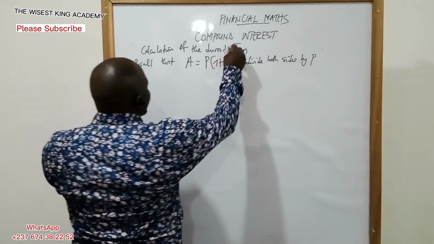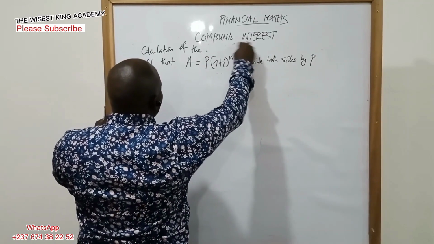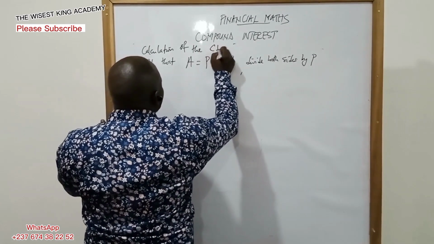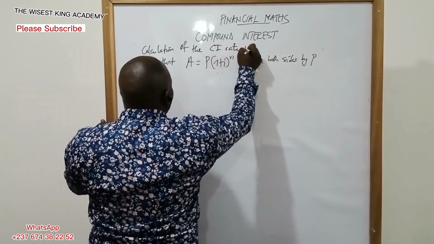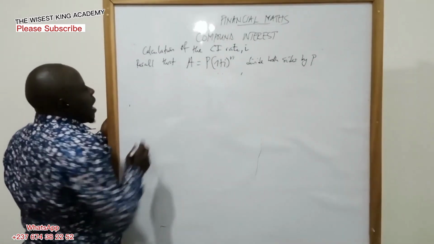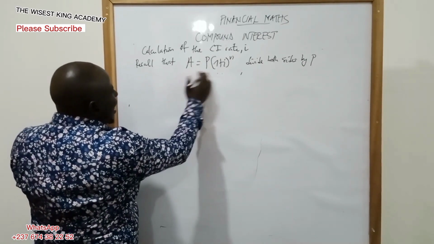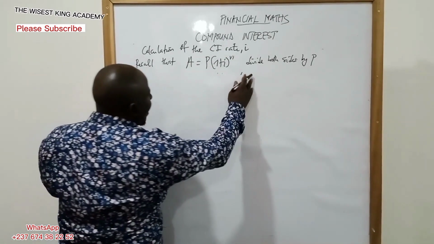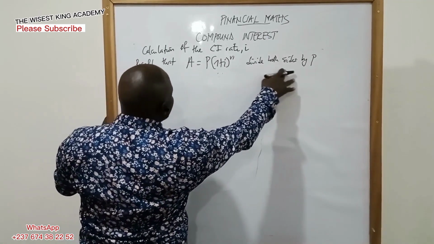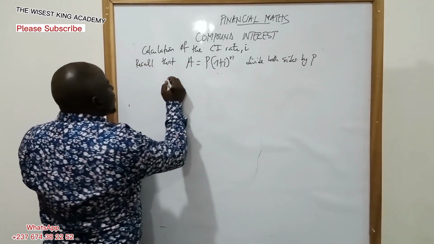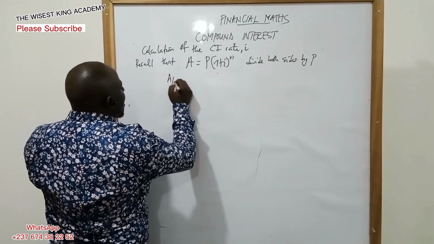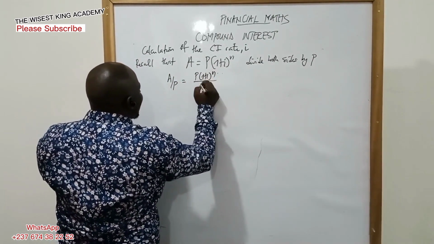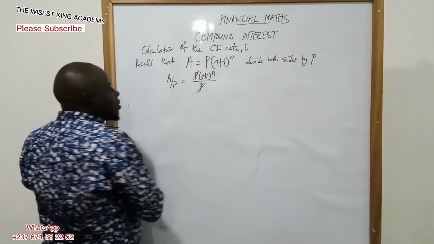Calculation of the interest rate, of compound interest rate i. Now we start, recall that A is equal to P into 1 plus i raised to the power n. The first thing we do, we divide both sides by P. If we divide both sides by P, we are going to have A over P equals P into 1 plus i raised to the power n divided by P. So P will cancel.